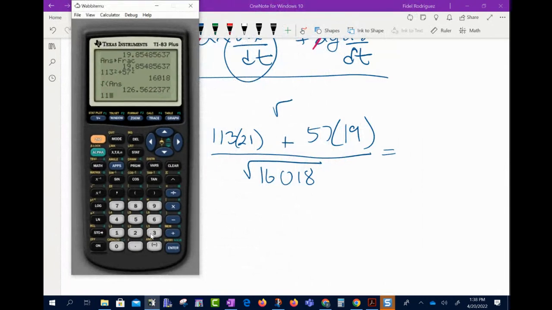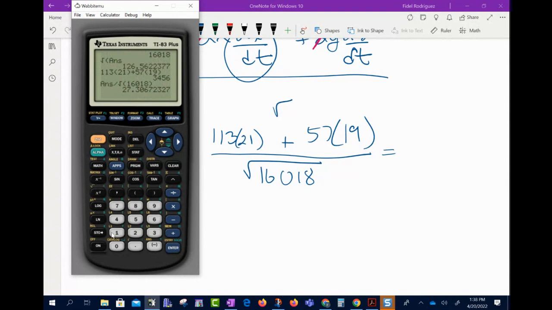So 113 times 21 plus 57 times 19. And then I'm going to divide that by the square root of 16,018.